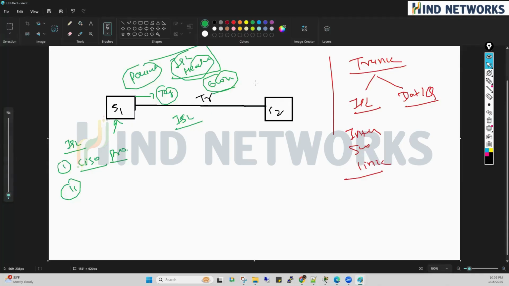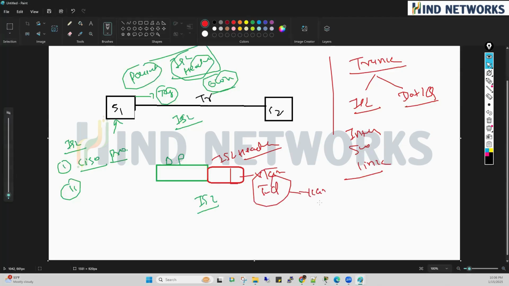So don't be confused. Again, see here, this is the original packet. If you are using ISL, ISL will add here the ISL header, and in this header there will be many fields, but among them there is one field called VLAN ID, the VLAN tag.